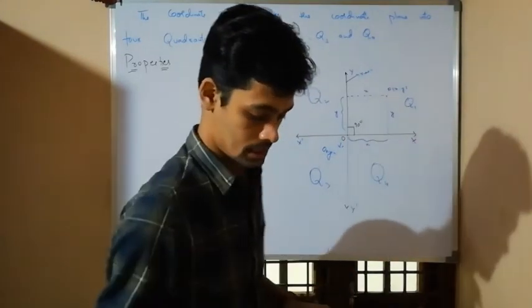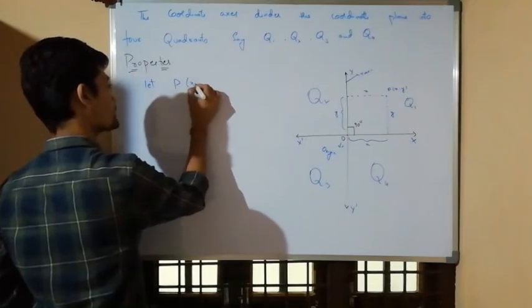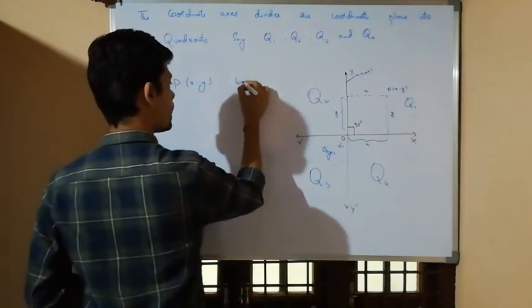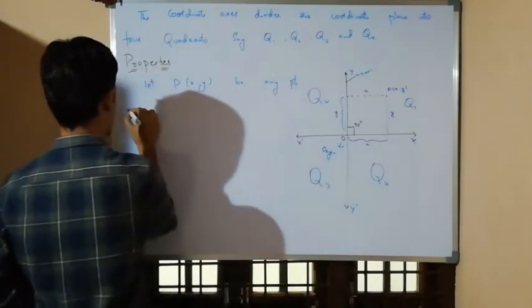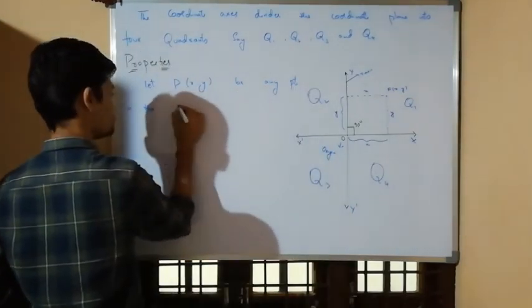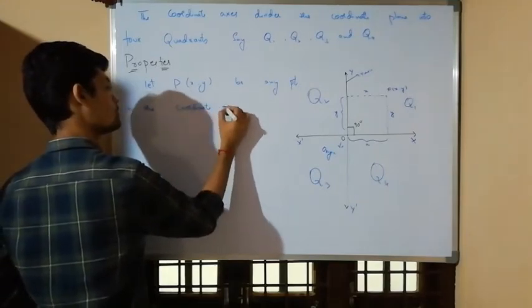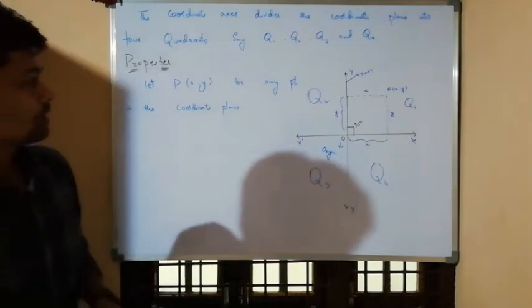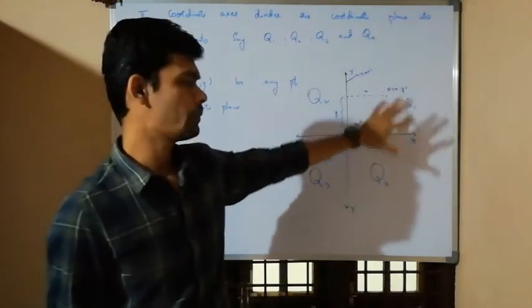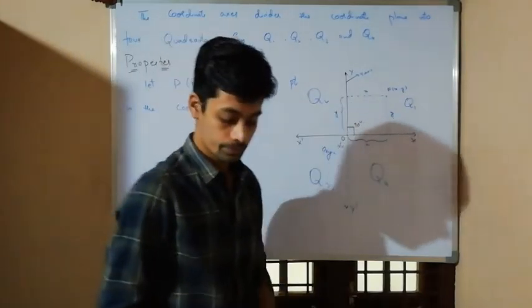Let P of x comma y be any point in the coordinate plane, maybe in the first quadrant, second, third or fourth.